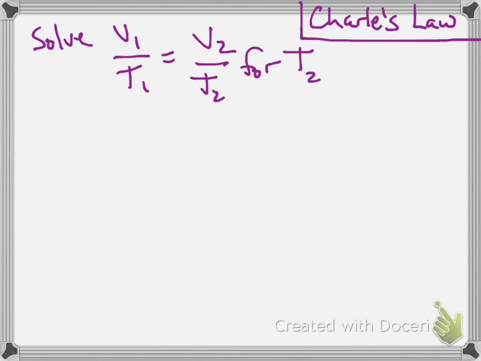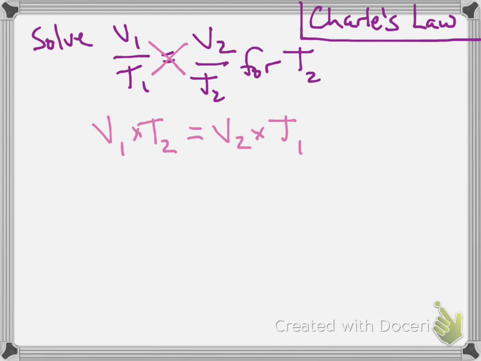So I'm going to go ahead and do that. And cross-multiplying is exactly what it sounds like. You've done this before, I'm sure. We take V1 times T2 equals V2 times T1. And now it looks a lot like the first equation that we had for Boyle's law.